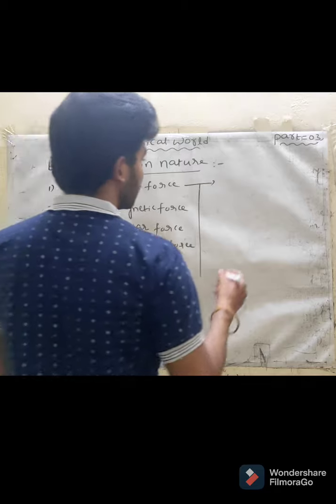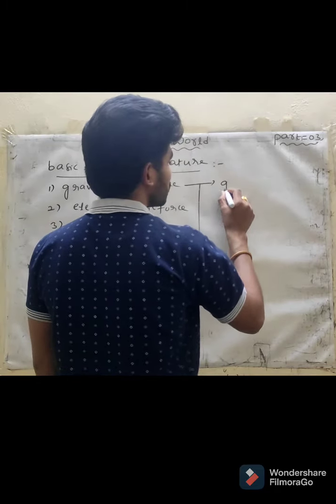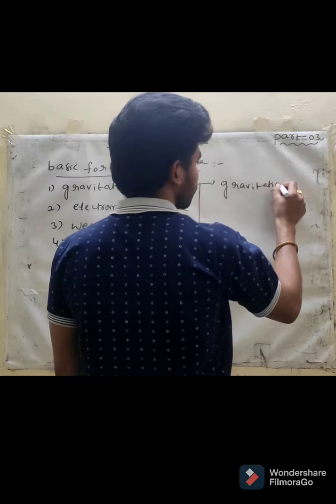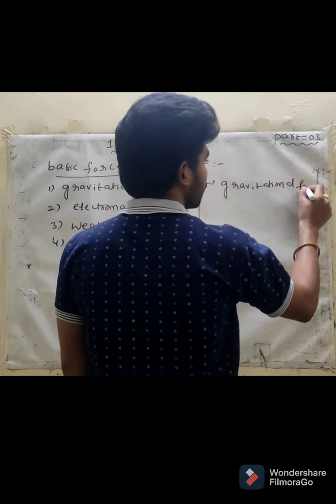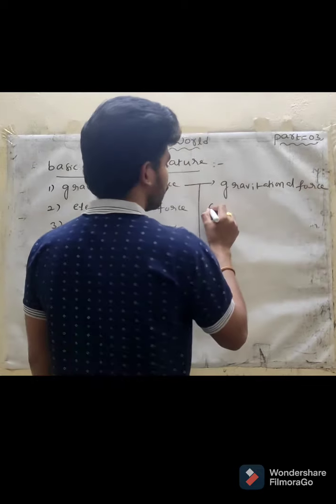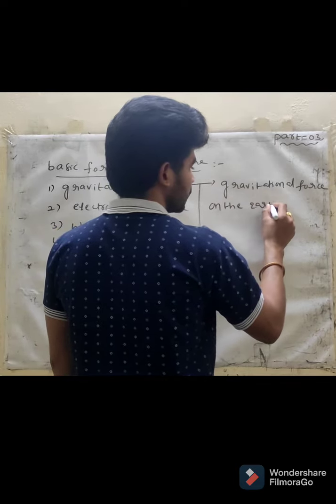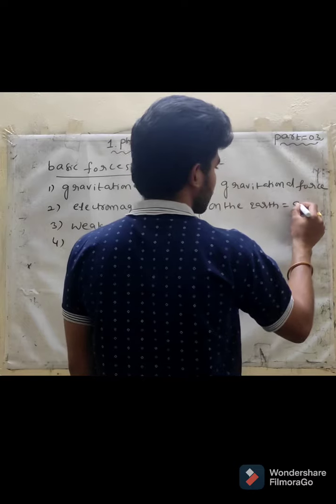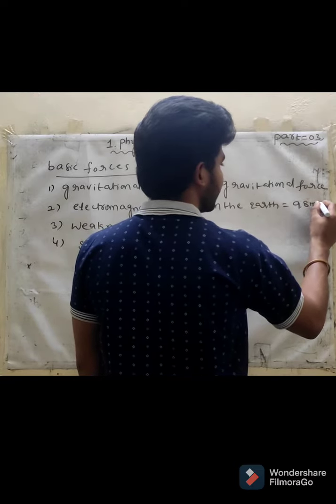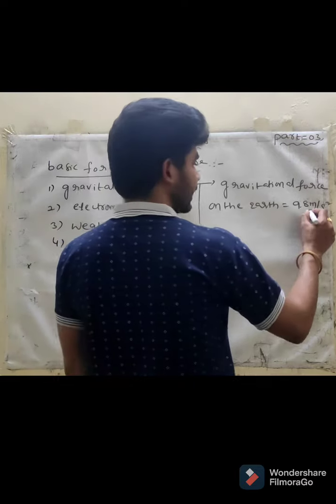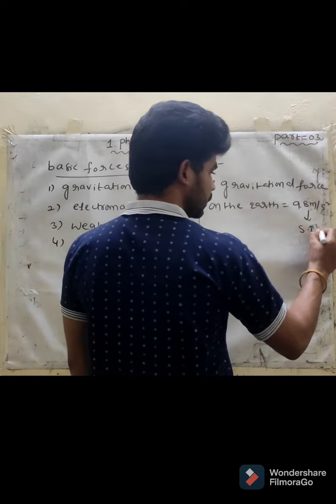This is the standard value: you know very well this value, 9.8 meter per second square. 9.8 meter per second square is in SI units.